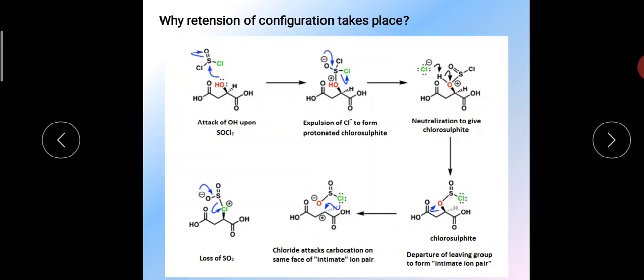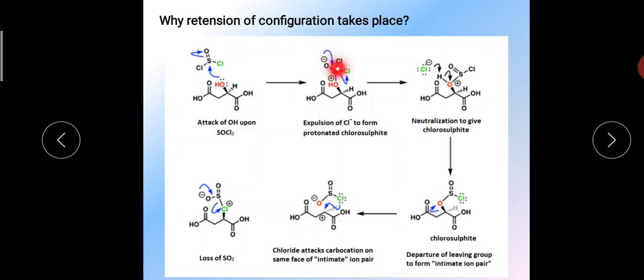As a result, a bond between your sulfur and oxygen is formed, and oxygen, because it uses its lone pair of electrons to form a bond, it obtains a positive charge. Because this oxygen is attached to three bonds and only one lone pair is present, this oxygen becomes positive.